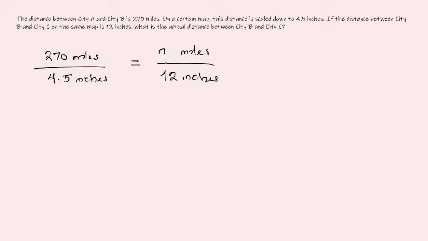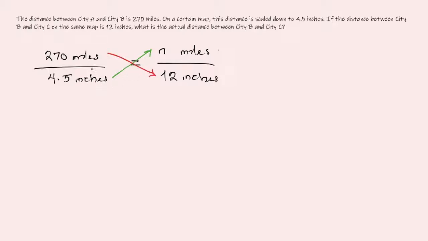So like we did before, set up our proportions, always making sure that our units are the same at the top and at the bottom. Always pay attention to the units. And then we do our cross multiplication, which is multiply this by this and multiply this by this.